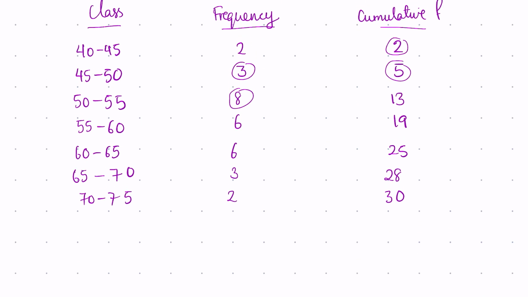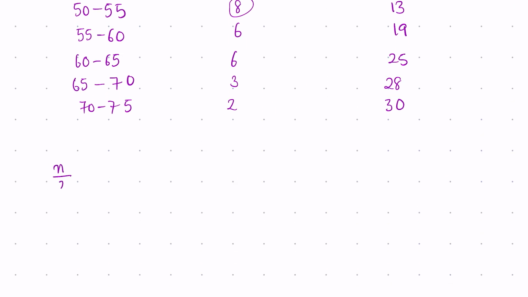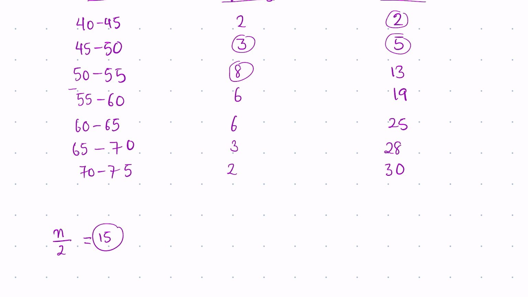We need to find out what n by 2 is. That's just 15, since 30 by 2 is 15. So where does 15 lie in the cumulative frequency table? It lies here, which means that's our median class.